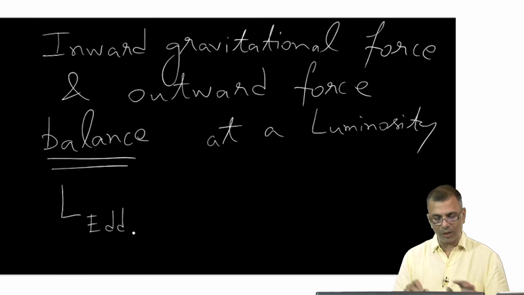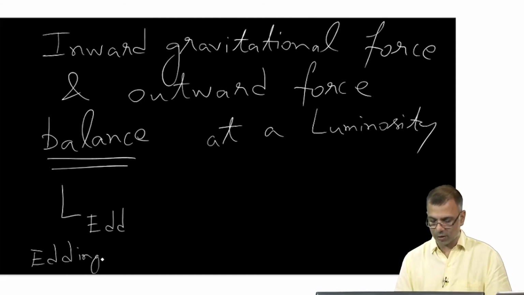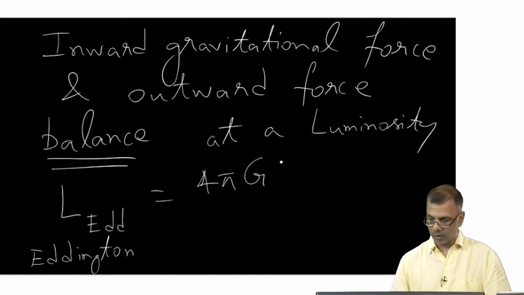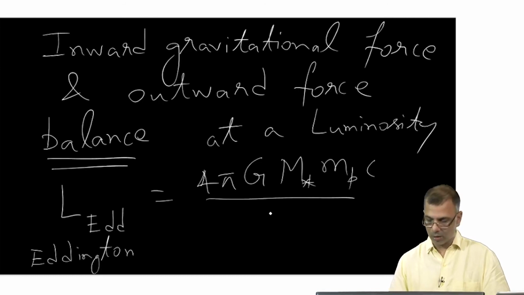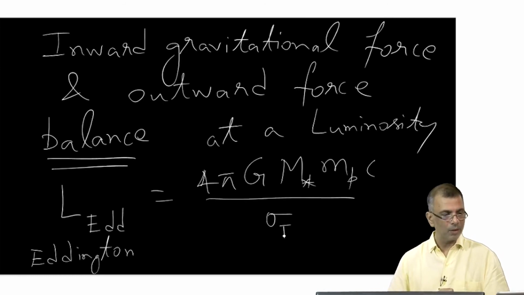This is the critical luminosity at which these two balance, and Edd stands for Eddington, in honor of the famous astrophysicist Arthur Eddington. And this is given by 4 pi G M star, where M star is the mass of the central object, m_p c over sigma T.